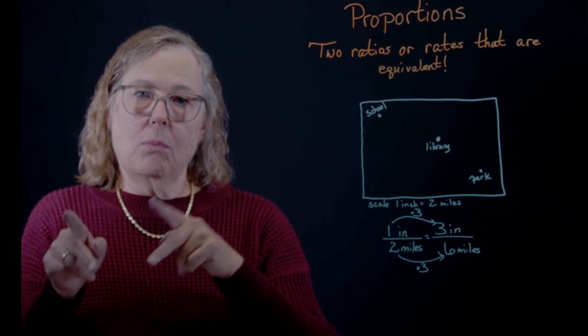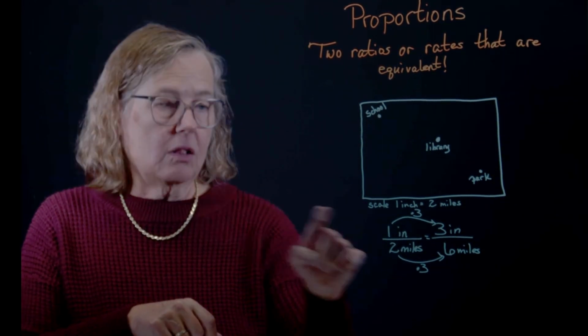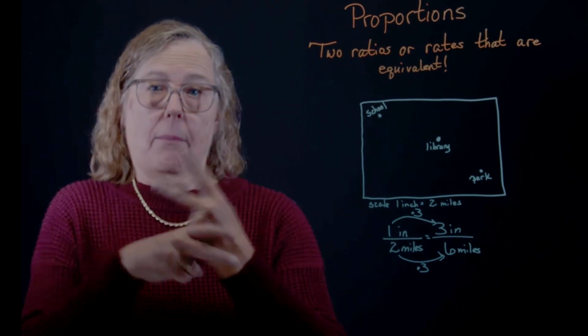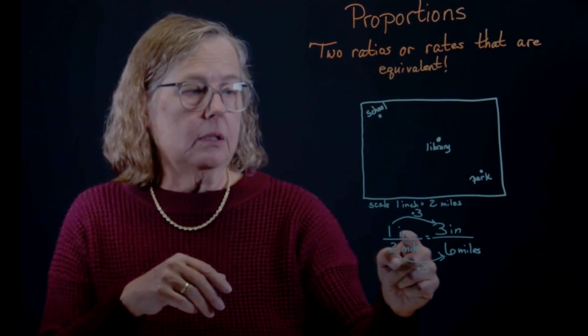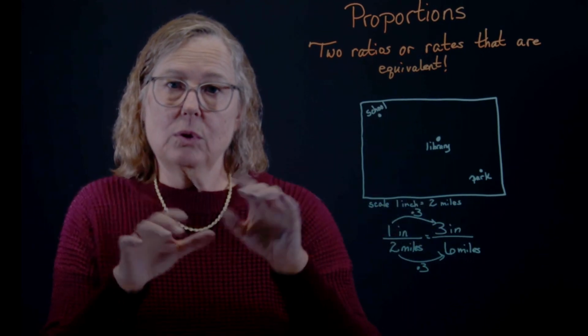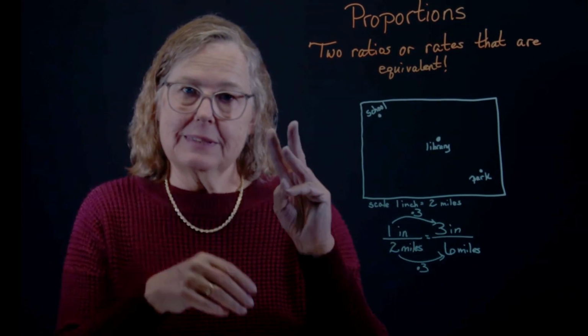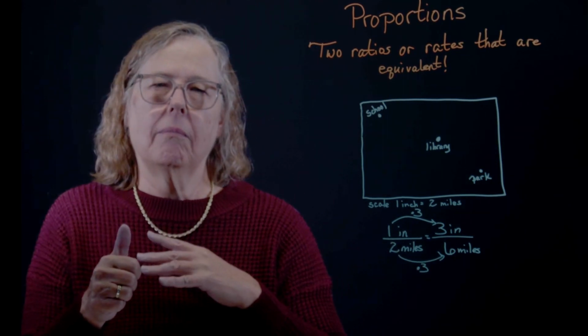Good job. So I can use proportional reasoning to say that this scale tells me that if I want to go 3 inches, I can do the same thing on the bottom. I know we've gone 6 miles. Ah, that's cool.